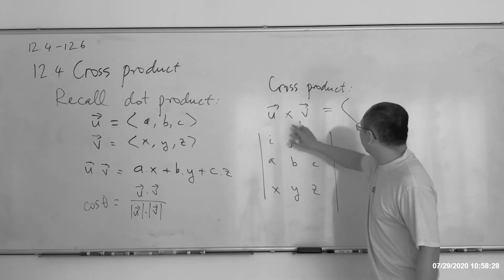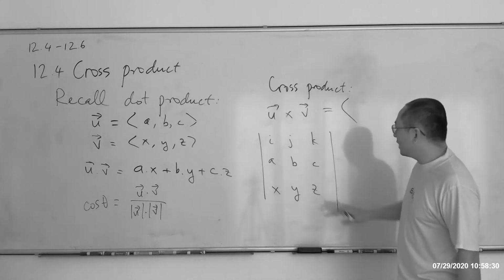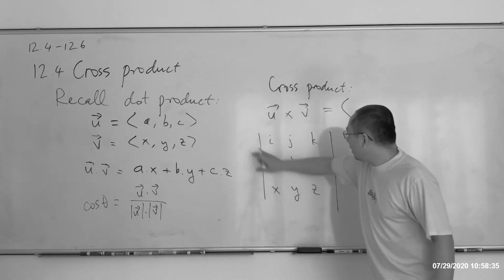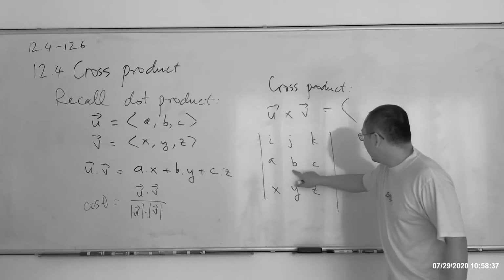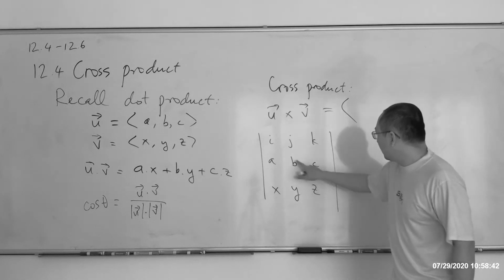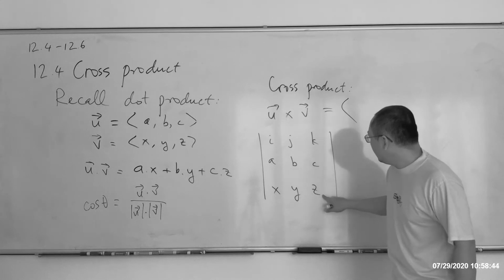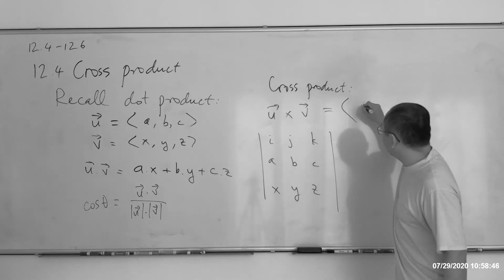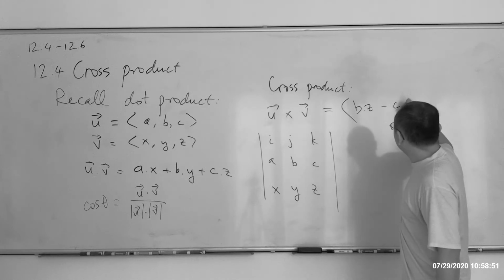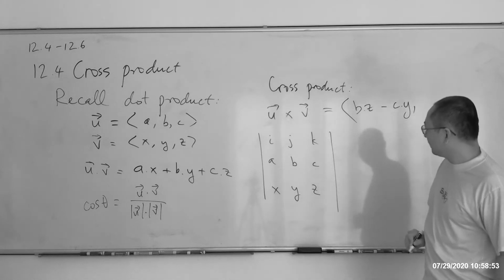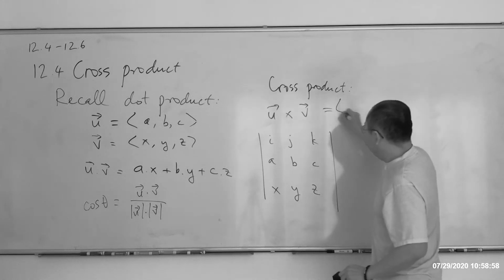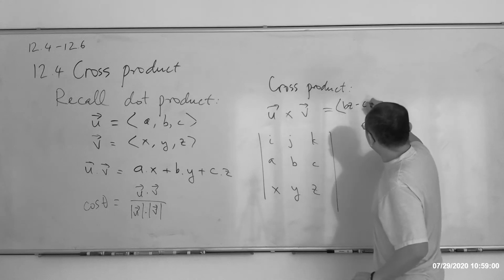So for the I term, the first term, the X coordinate, you delete the I column, okay? You have what? B, C, Y, Z, okay? So the determinant of this 2 by 2 matrix is B times Z minus Y times C. So the first number is going to be B times Z minus C times Y. BZ minus CY.